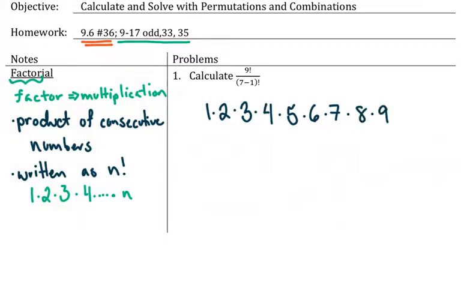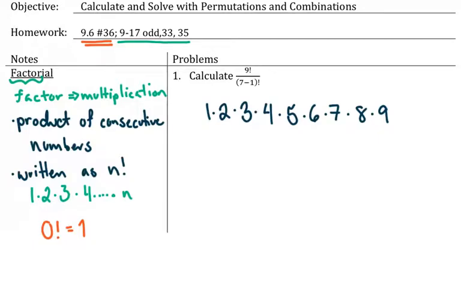For 9 factorial, the 9 tells us when we stop in our list of consecutive numbers. One weird thing, sort of like with exponents, is that when you have a 0 plugged in, it equals 1. So make sure that you remember, 0 factorial is equal to 1, just like with exponents where something to the 0 power is equal to 1.